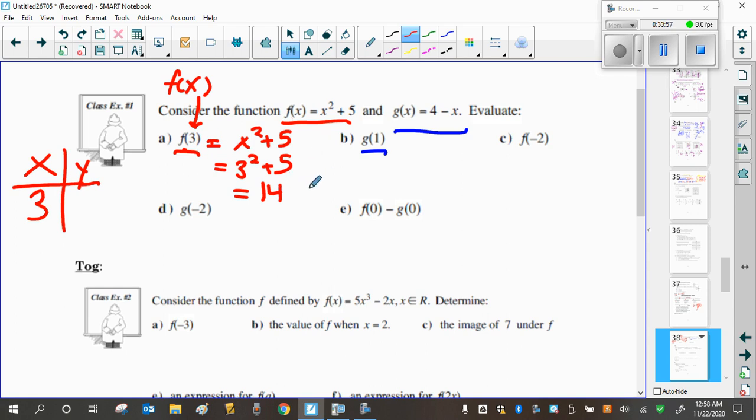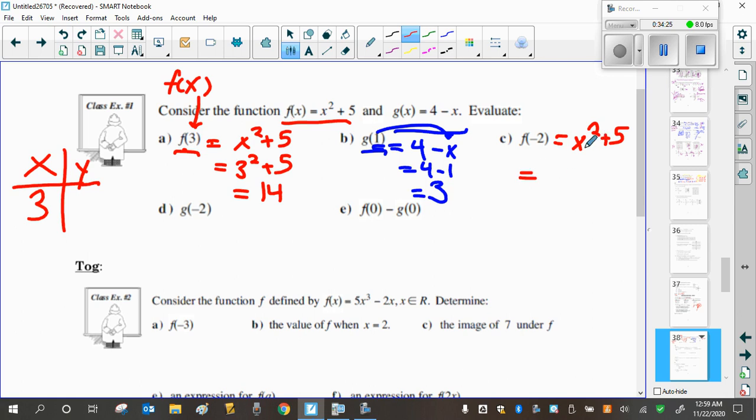You're done. Okay, for the g of 1, you're going to use the formula 4 subtract x. So wherever you see a 1, you put it in for x. So 4 subtract x means 4 subtract 1. And you're done. Make sure you put negative signs in brackets. So x squared plus 5, and if you don't put it in brackets, you're going to get it wrong.